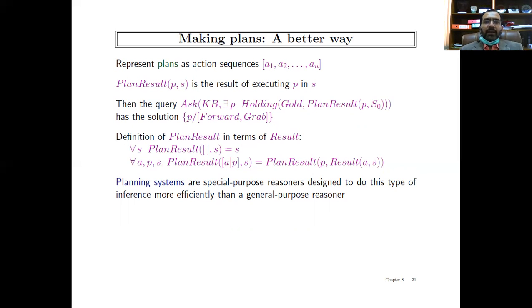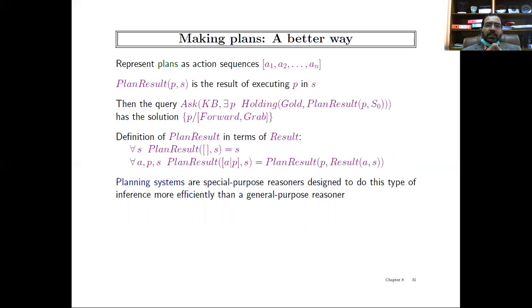Then the query will be: ask KB that there exists P, holding gold, plan result P, S naught, has the solution P: forward and grab. So if you are going to plan to hold the gold, you have defined the state as S naught and you have the solution that go forward and grab it. That is already defined in the action sequence on the top.